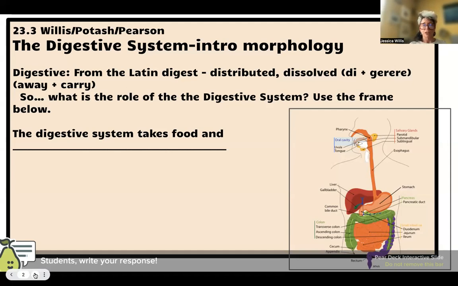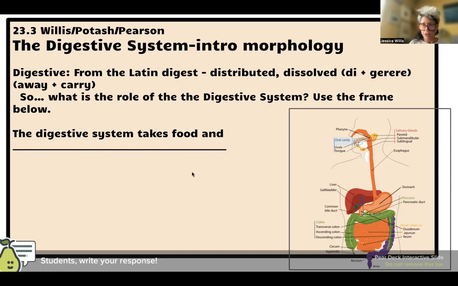So in a recent class, I gave these word chunks to the kids, and I said, so if we know that digestive is from the Latin digere, what is the role of the digestive system? So the digestive system takes food and what? Carries it away. Unless you have indigestion, right?